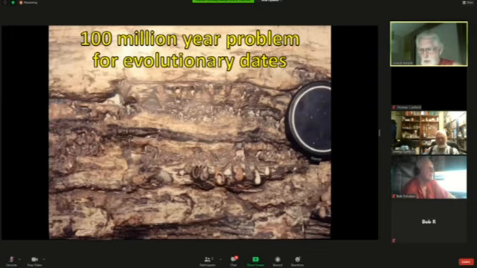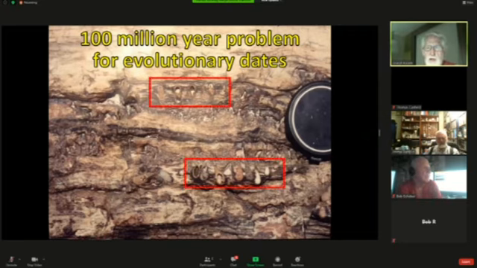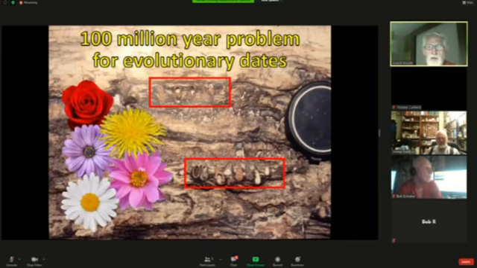And as the flowering trees supplying the resin for the amber specimens, causing a 100 million year problem, these fossilized, mineralized combs from bees also cause a 100 million year problem for the evolutionary dating, because they are found in rock layers that appear 100 million years prior to the supposed time of the appearance of flowering plants.